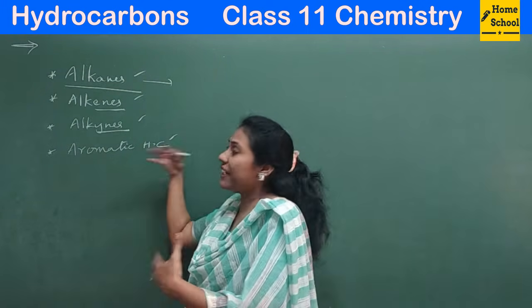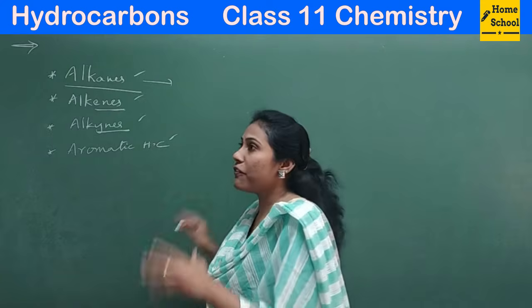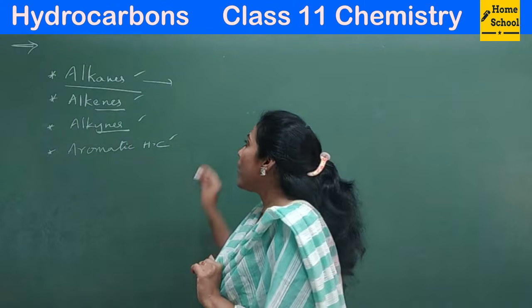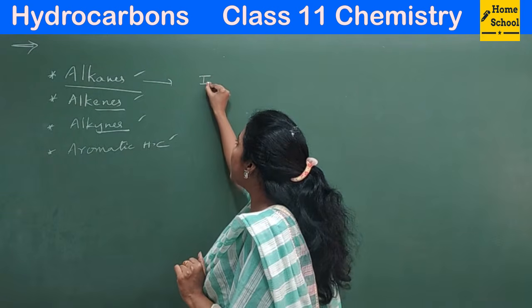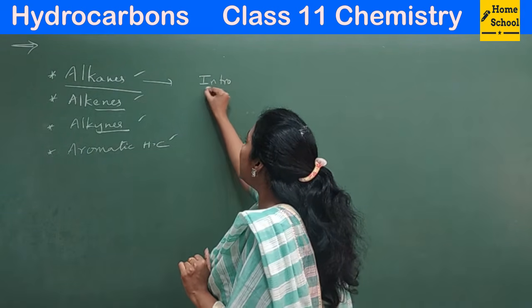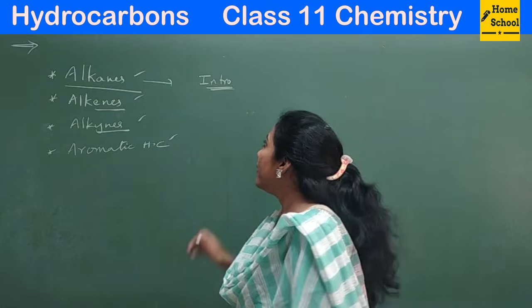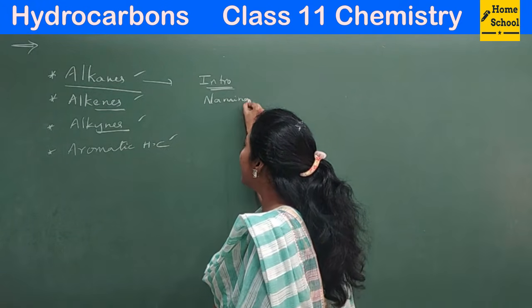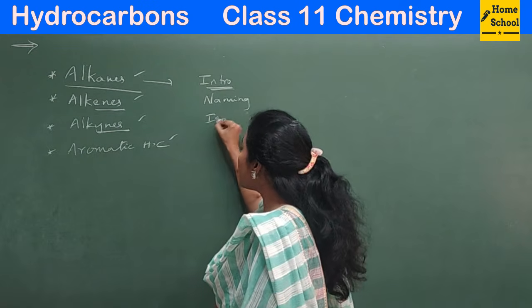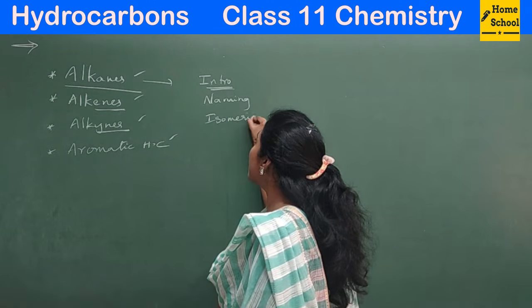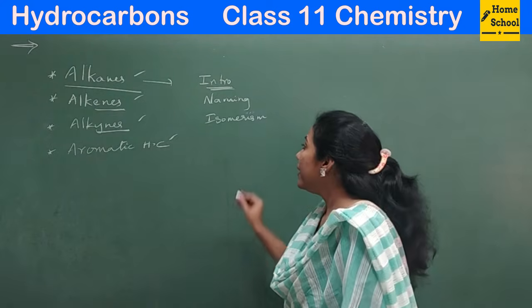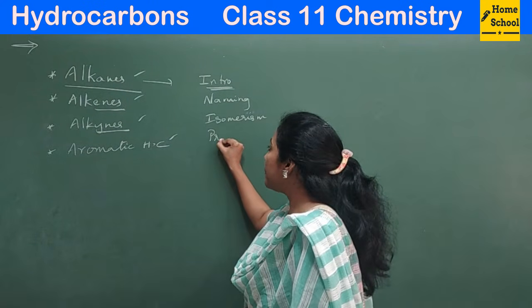For every type of organic compound, we follow a particular pattern in our study, guys. Actually, the first thing we discuss is some general introduction, okay, and then we study the naming. Later, if they show any special isomerism, then we discuss that. And later we will go for their preparations.